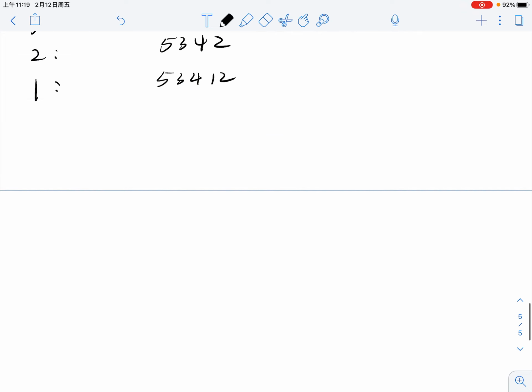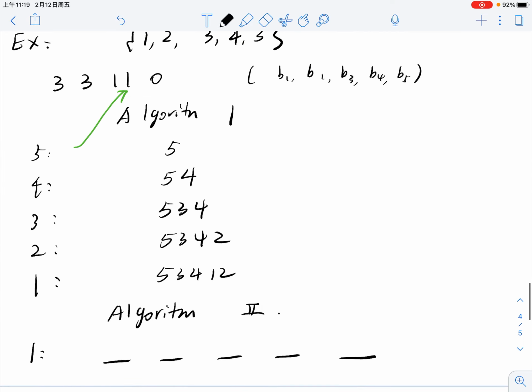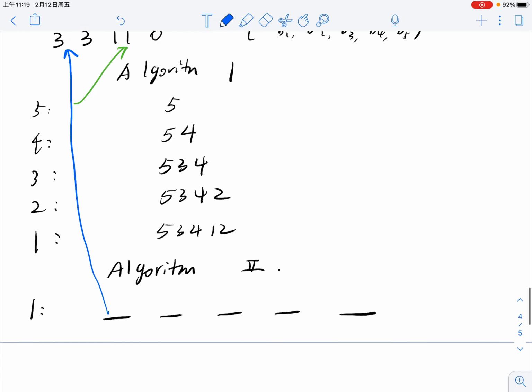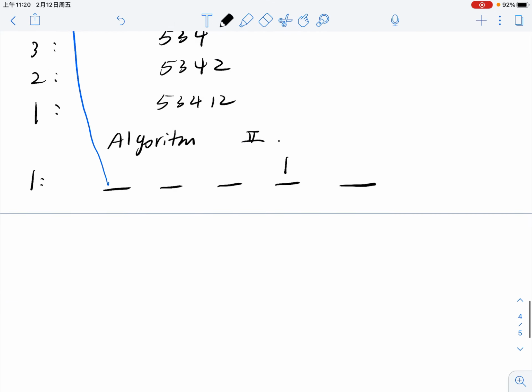Okay, and then for algorithm 2, we first fix 5 positions. We start with the first item in the B sequence, which is 3. So you should put 1 in the 3 plus 1, the 4th position. So it's here. In the second step, it's also 3, so you need to count the 4th empty location. So 1, 2, 3, 4.